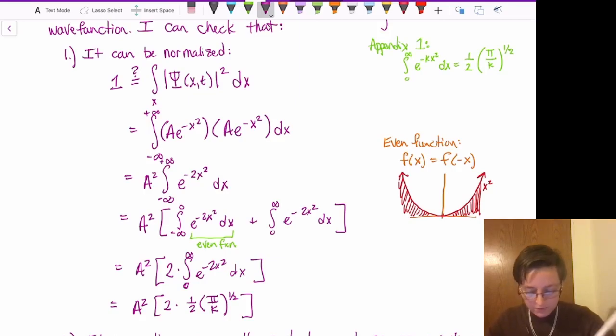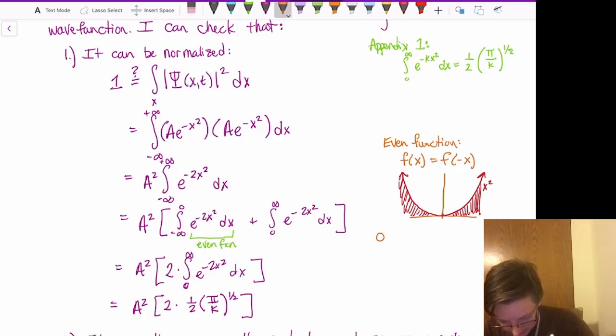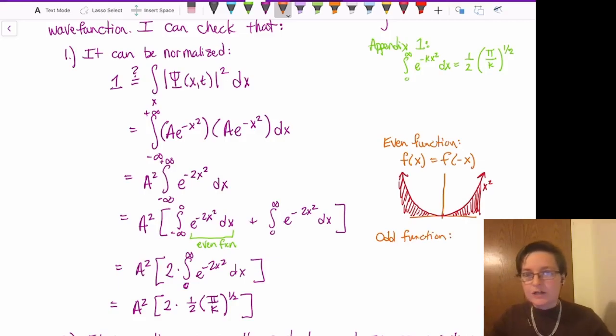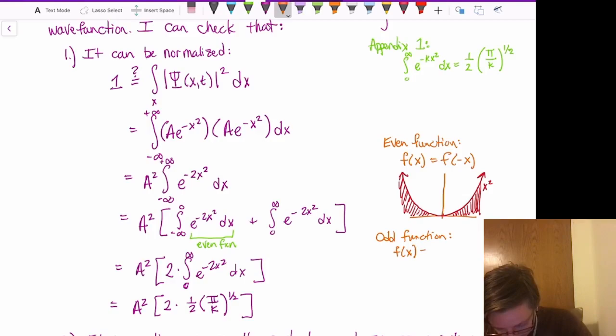All right, before I move on, I'm going to give you the second half of the aside, because it'll show up in a moment. What happens if we're trying to do an integral from negative infinity to infinity of an odd function? Well, an odd function is something where f of x is equal to negative f of negative x.